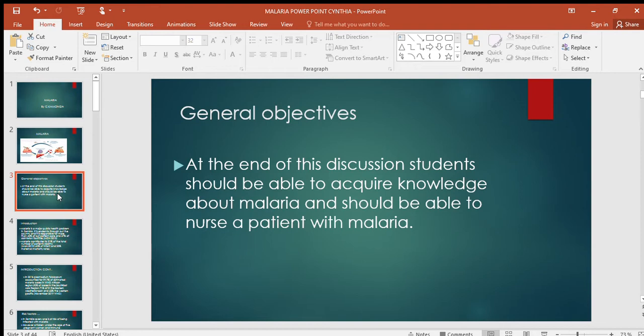You should be able to explain the medical management, which includes investigations and the medication used for treatment of malaria. Those are the specific objectives of our lesson this afternoon.